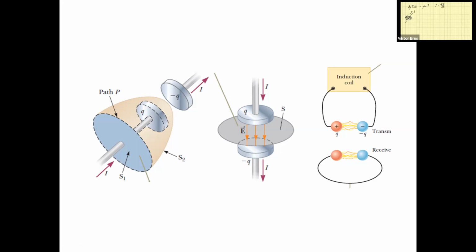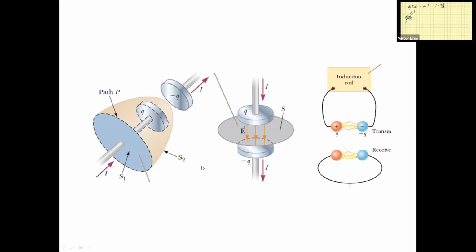So now let us consider one path, these dashed black lines, but two surfaces associated with this dashed closed path. First surface will be this bluish S1, and second surface S2, this yellowish surface.